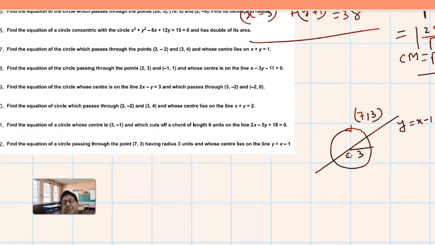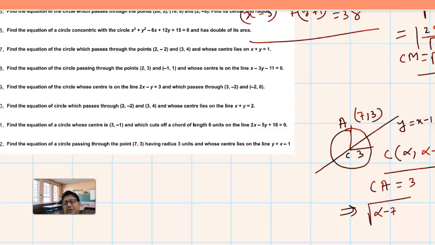It means again by taking x equal to alpha, center can be taken as alpha comma alpha minus 1. Center is this. Now center to this point distance C to A is equal to 3. What does it mean? You can find C to A. This is under root alpha minus 7 whole square plus alpha minus 1 minus 3, alpha minus 4 whole square, equal to 3.